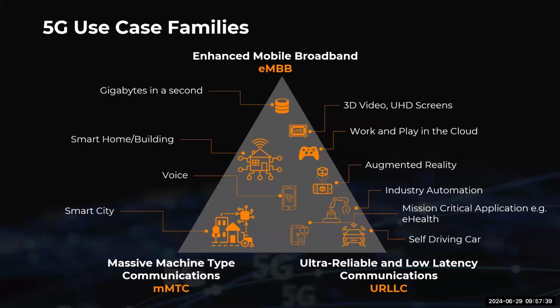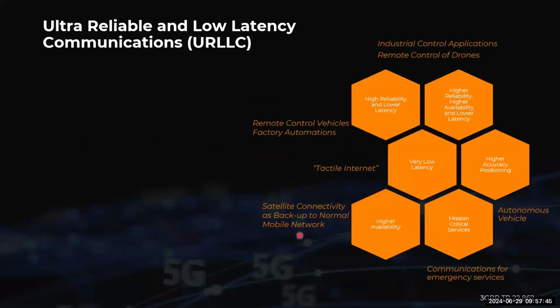When we look at the different use cases, going, for example, to ultra reliable and low latency communication, these are the different applications that you will see: high reliability and low latency, higher reliability and higher availability and lower latency, higher accuracy in positioning, very low latency like the tactile internet, higher availability and mission critical services.